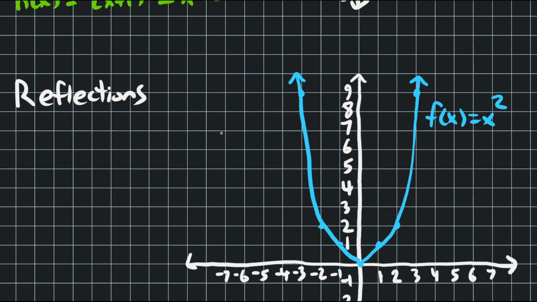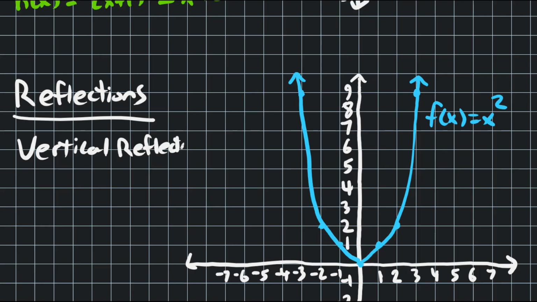So for this function right here, f of x equals x squared, what we want to do is a vertical reflection. A vertical reflection will reflect f of x across the x-axis right here.